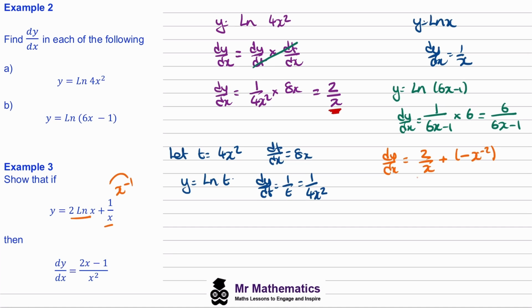We can write this as a fraction, so dy by dx will be 2 over x minus 1 over x squared. And then we have two fractions, so we need a common denominator. I'll multiply this fraction by x. So we'll have 2x over x squared minus 1 over x squared, and we get 2x minus 1 over x squared, which is what we have here.